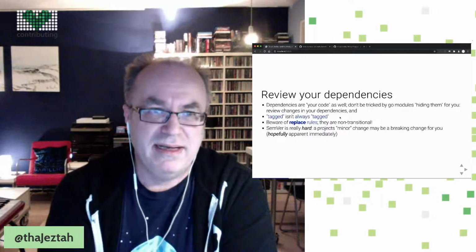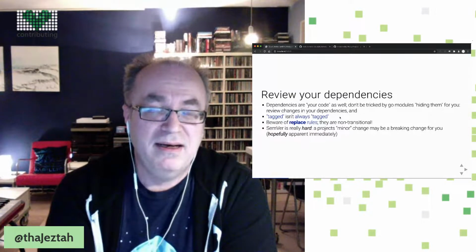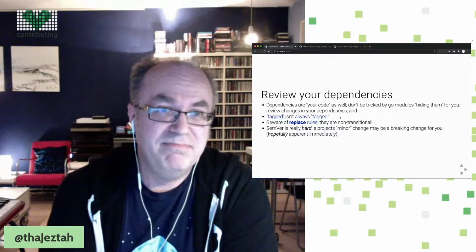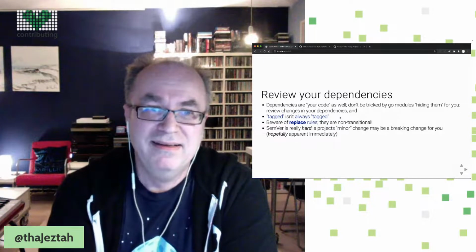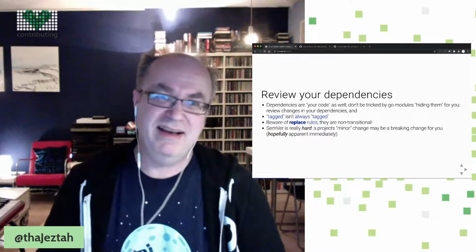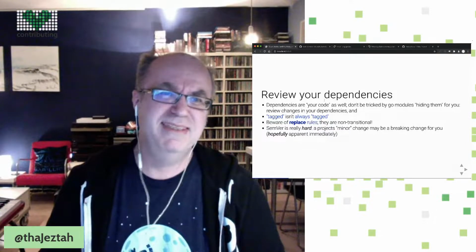Have a good understanding of the dependency you have and why you're using it. Also to reduce what you're using, but especially if there are changes in the dependency you're pulling in that might be problematic. Be aware that something I recently saw, that tagged isn't always tagged, which was a minor issue.